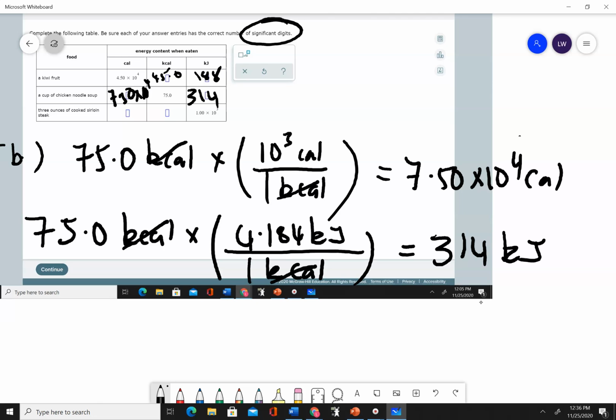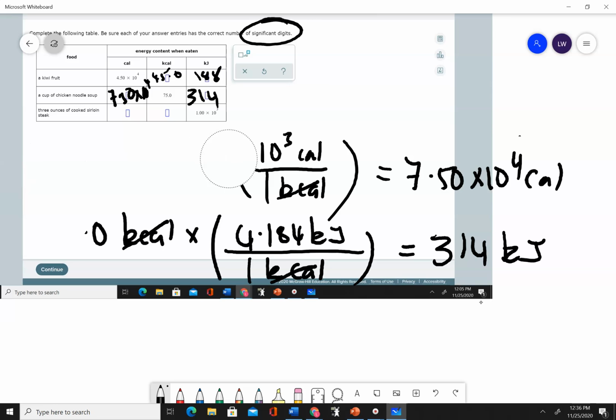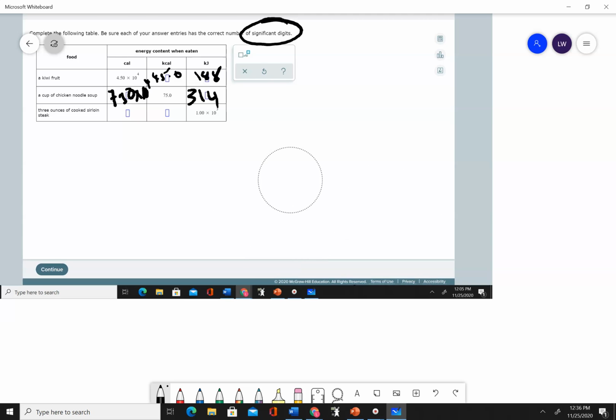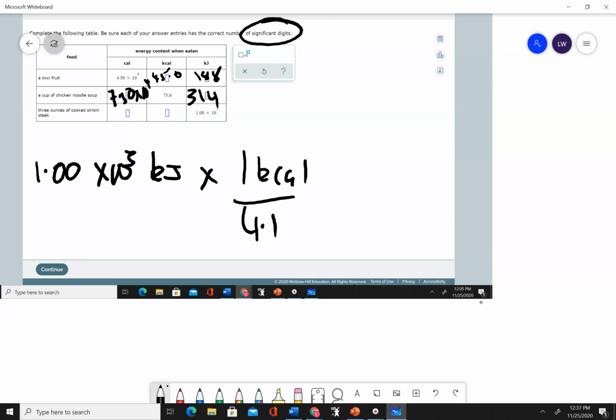Okay, so then finally we're going to turn 1,000 kilojoules, which is quite a lot of food, into kilocalories and calories, and I'm going to do it like this. So 1 by 10 to the 3 kilojoules. I'm going to go into kilocalories because that's nice and easy, and 1 kilocalorie is the same as 4.184 kilojoules.